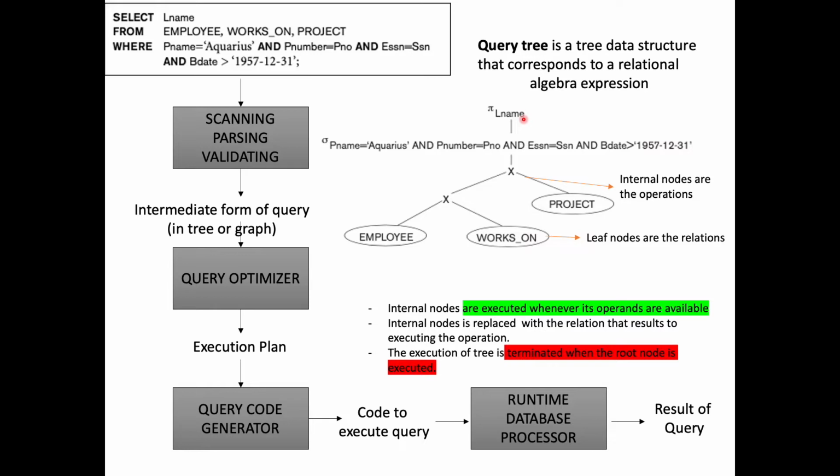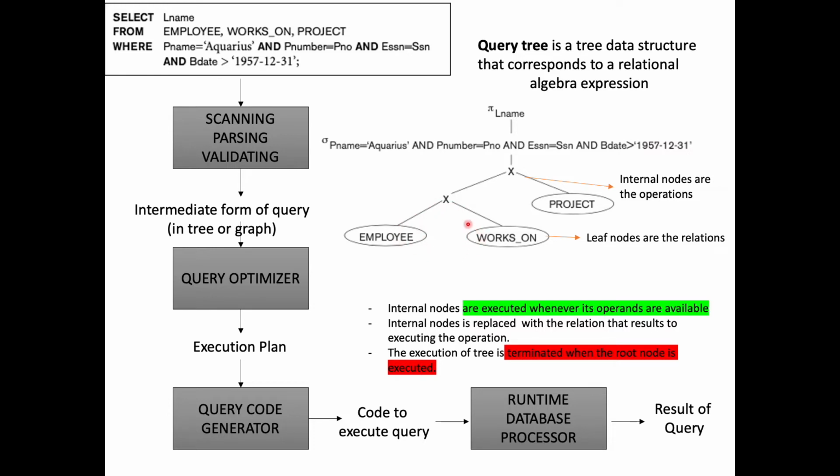Okay? So, how do we evaluate a query tree? Internal nodes are executed whenever its operands are available. So, for example, we cannot yet evaluate this operation because at the bottom part, the resulting relation of the Cartesian product has not been evaluated yet. Okay, so it starts with this evaluation, and then the resulting table will then replace this whole subtree after executing the operation.